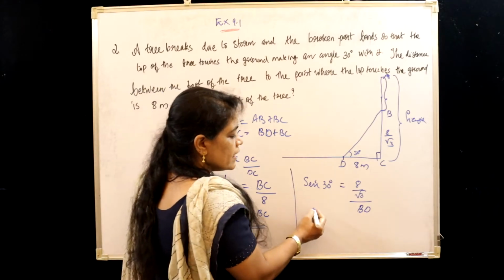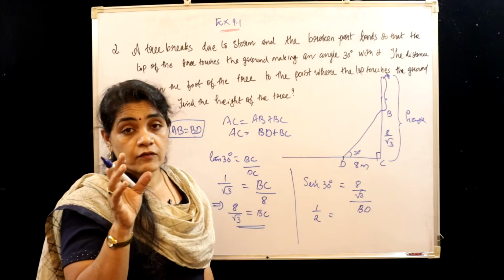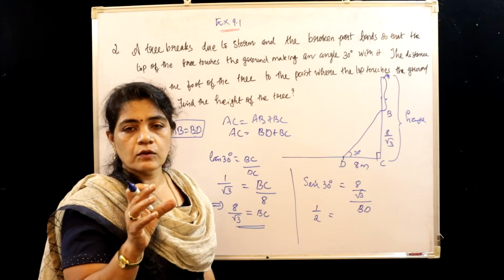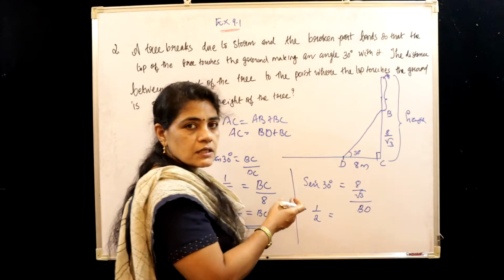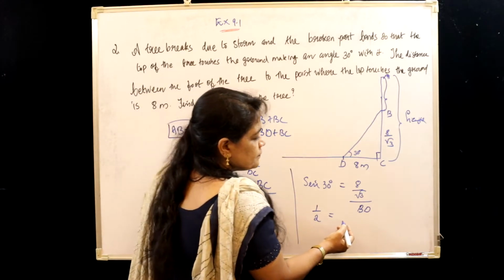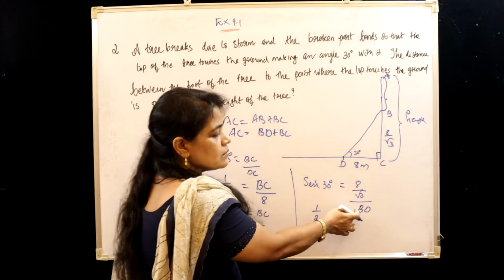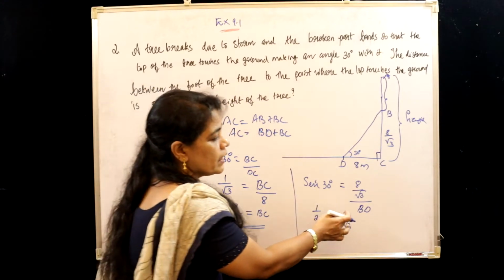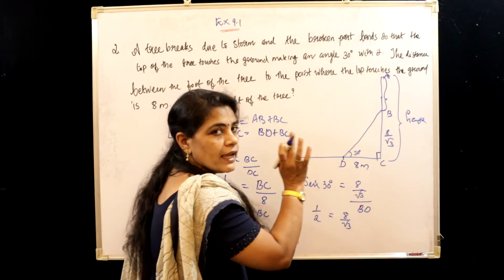And what is sine 30? 1 by 2. See, children, learn the trigonometric values of some specific angles, that we have discussed in the previous lesson. That is 1 by 2 is sine 30, and 8 by root 3. And this BD will go to numerator. BD into sine 30 equal to 8 by root 3.